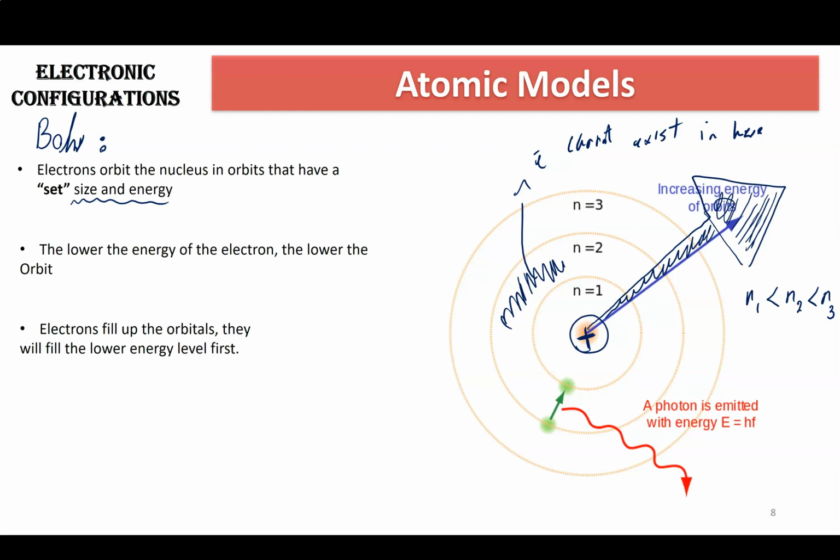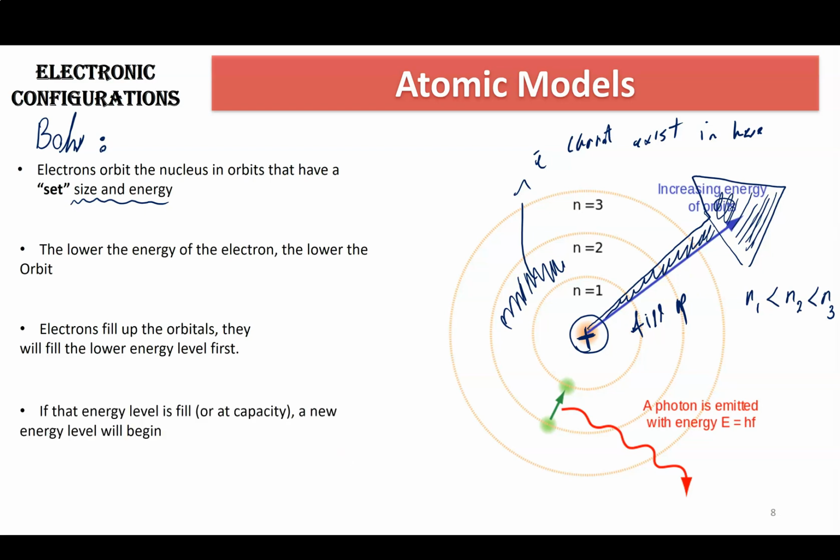All right, now electrons will fill up the orbitals, and they will fill from the lower amount of energy to higher. So again, it's going to be inside out. We're going to fill up within the same direction, moving away from the core.